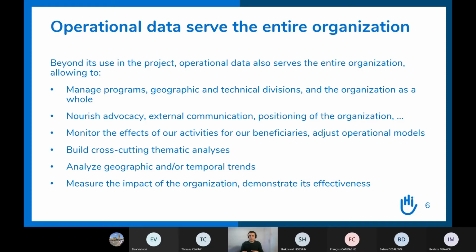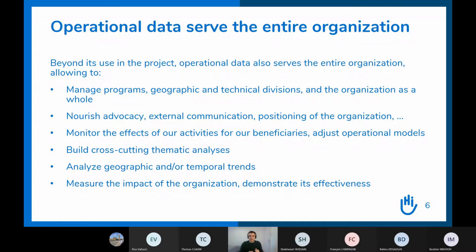Also, these data that we collect in the scope of project, they are very useful for advocacy, for external communication, just to tell everybody what we are doing, where we are, and so on. It's also useful to monitor the effects of our activities, not only on one project, but more globally, if we want to see if the activities, all the projects we are implementing have results.